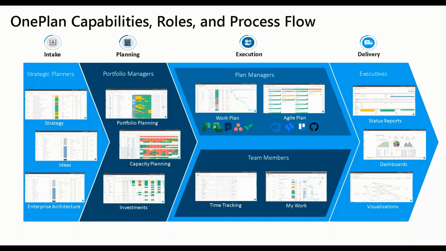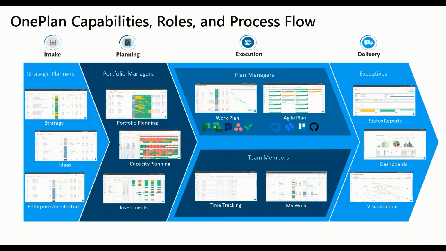At the same time, there's enterprise architecture that might be taking place in terms of the target architecture that the organization is leaning towards in terms of improving its capabilities, its applications. We move into planning, where we have the core EPMO scenario, where we're talking about portfolio planning, very closely tied to capacity planning, very closely tied to financial planning, and making sure that we're getting the outcomes expected out of our initiatives.